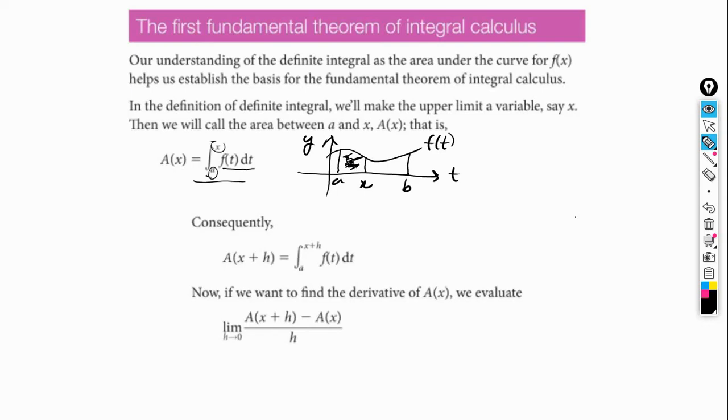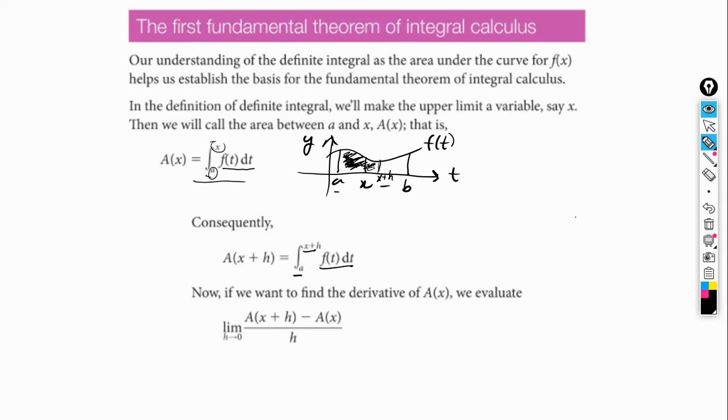But what happens if we have a distance here, let's say h, so this here would be x plus h. And we could say likewise that the area between a and x plus h, so all of this area, would be equal to the definite integral of f of t dt between a and x plus h.